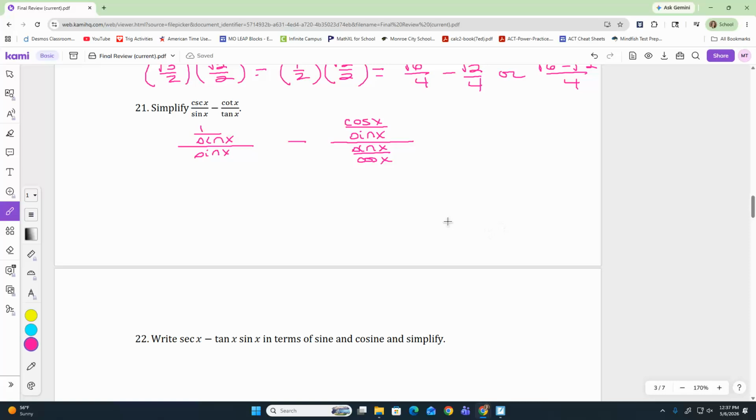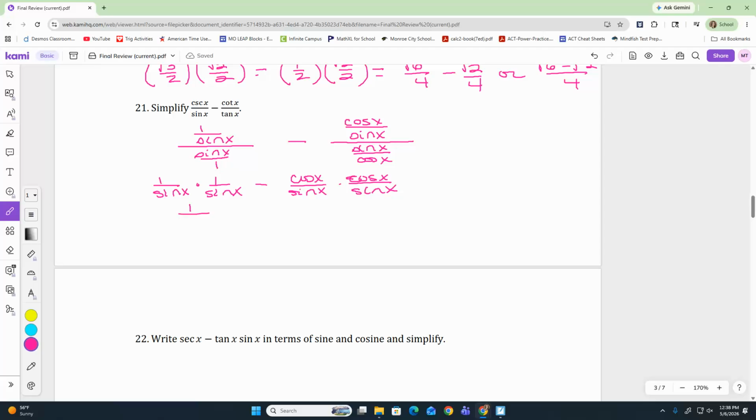From this point, to divide fractions, we flip and multiply. This is like sine over 1. So if I flip and multiply, the top one stays the same. You flip the bottom.